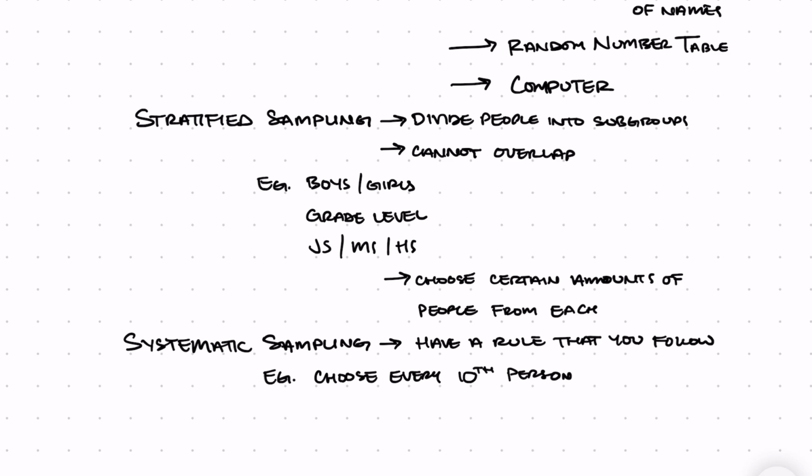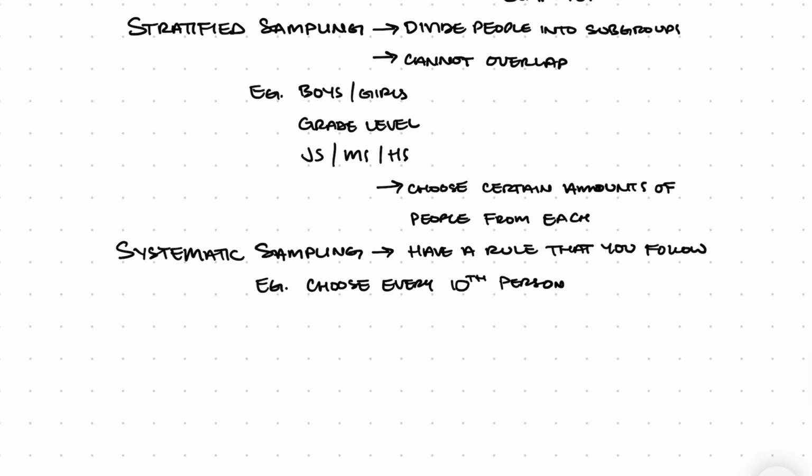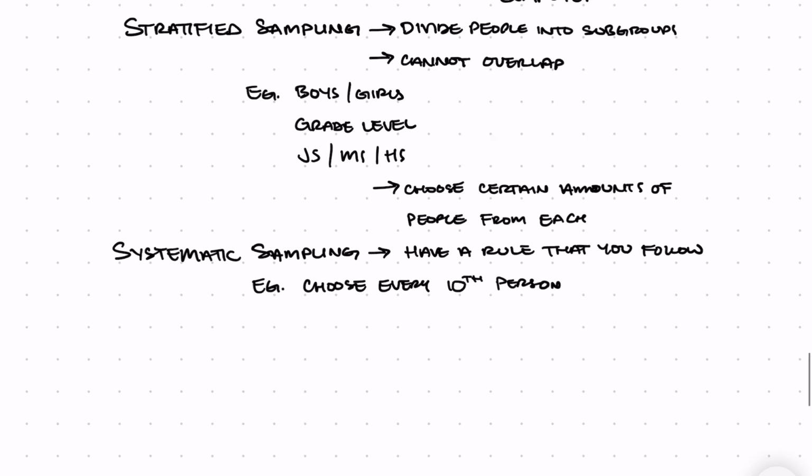The trick here is, there is a way to do this with the numbering. Ideally, you would take the population size and divide it by your sample size, and you should have a number.